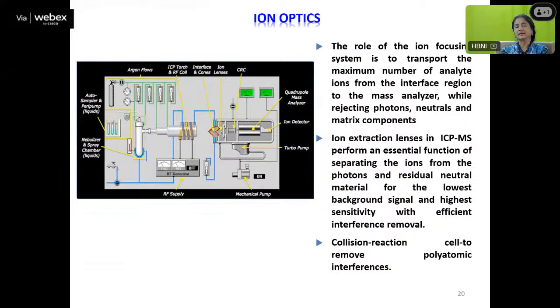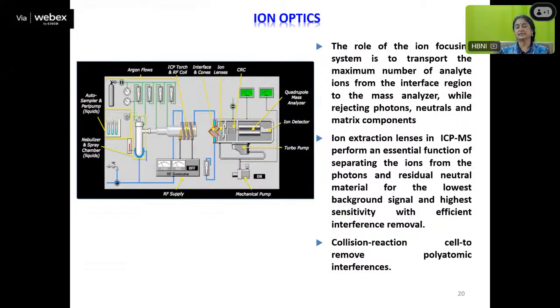These are not needed in the mass spectrometer. We are only interested in the positive ions. So there will be a need for ion optics. The role of the ion focusing system is to transport the maximum number of analyte ions from the interface region to the mass analyzer, and also to reject the photons, neutral components, and other matrix components.